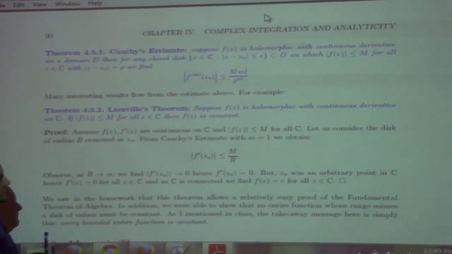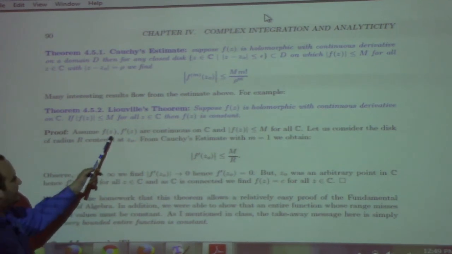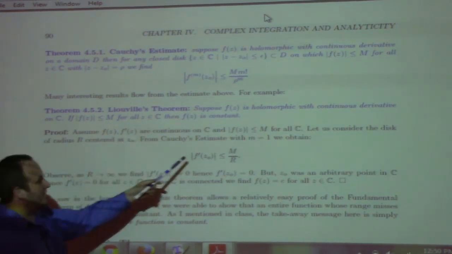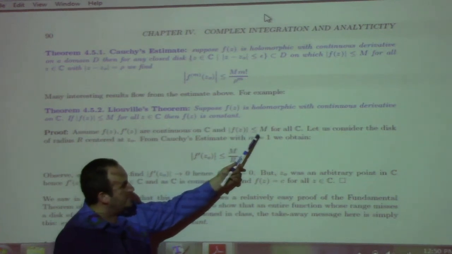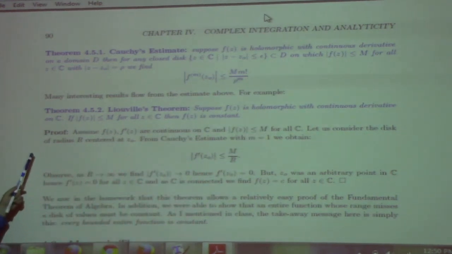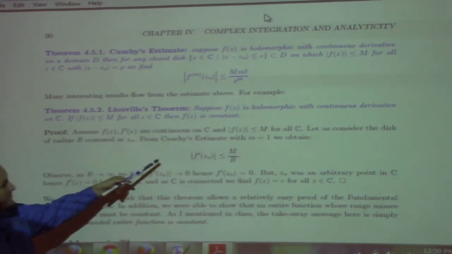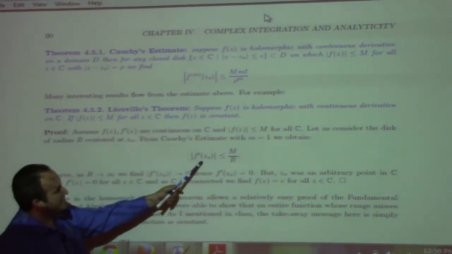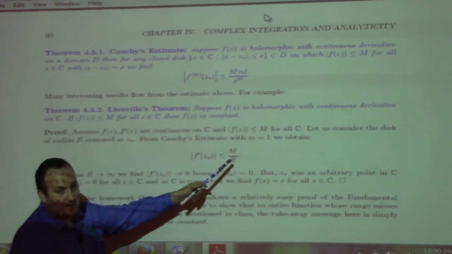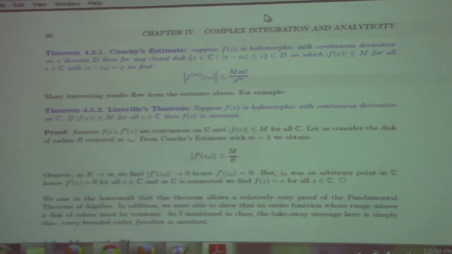So the proof is this: if you have f and f prime of z continuous, and the modulus of f of z is less than or equal to M, you can consider an arbitrary disk of radius r centered at z naught. You use Cauchy's estimate with m equals 1 to get the modulus of the derivative is less than M over r. Then you let r go to infinity, and you see that the derivative at z naught has to go to 0.